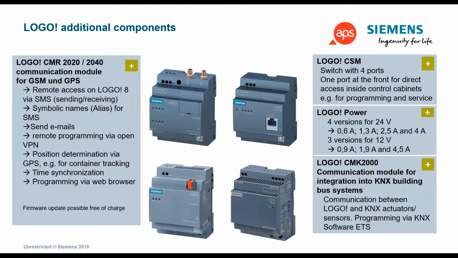With regards to the communication modules, the most important ones that we concentrate on are the CMR 2040, which is the 4G LTE connection, and that also gives us the ability to do SMS, as well as remote connectivity if we need that, and remote programming is done via OpenVPN. Then we also have the KNX device, which I'm hovering over here, and a 4-port switch, which allows us to expand the connectivity and the networking capabilities.